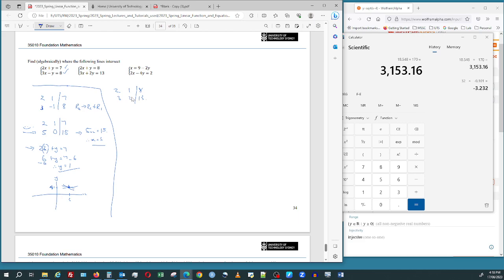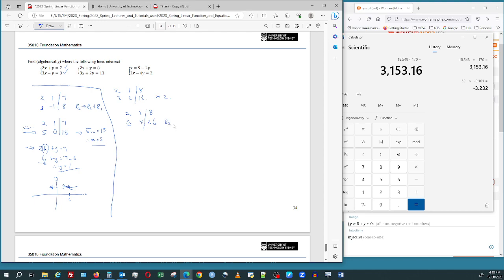So if I do the same kind of thing, if I multiply through by 2, I'll get 2, 1, 8. I just want to demonstrate this for you. So 6, 4, 26.